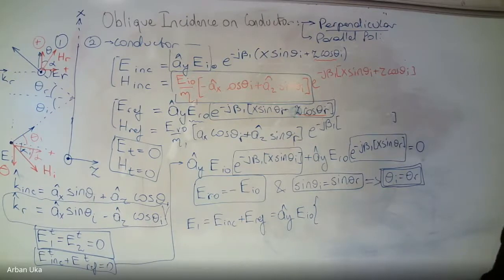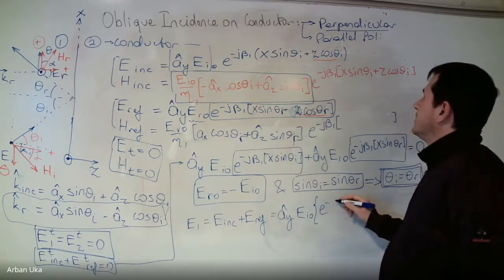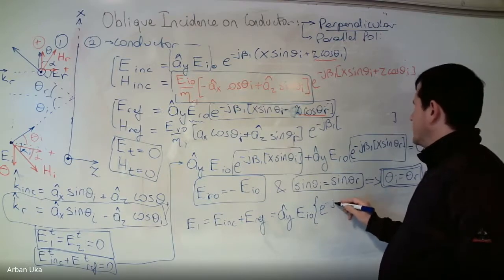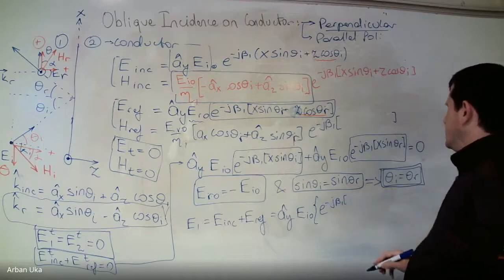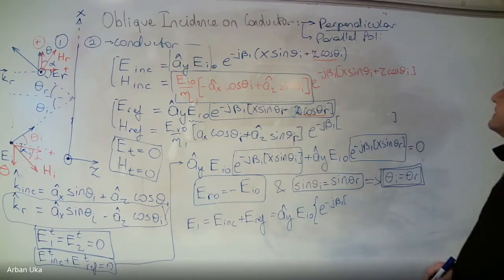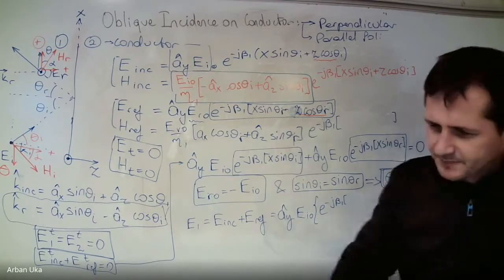wait a second, this is e to the power minus j beta 1. Let's write it like this.